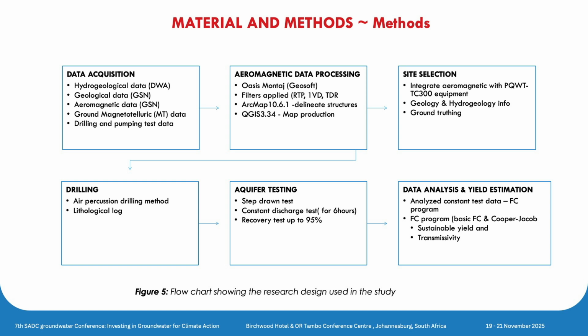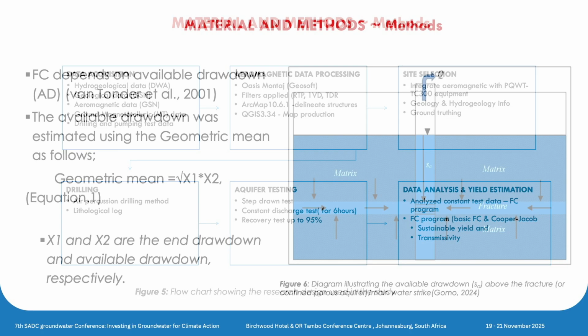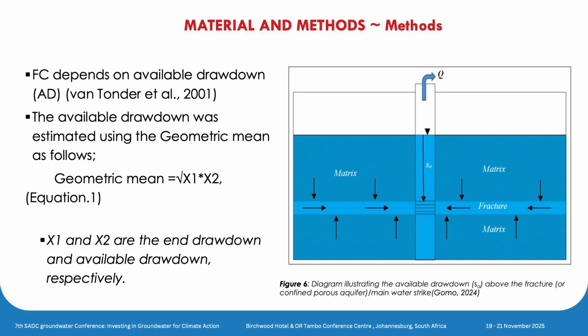After the drilling, the pumping test was soon performed, whereby a constant rate test was done for 6 minutes, and then the data analysis was carried out using the FC methods to estimate the parameters. The FC method was used to analyze the constant rate test data, and the picture on our right shows the basic principle of the method used.